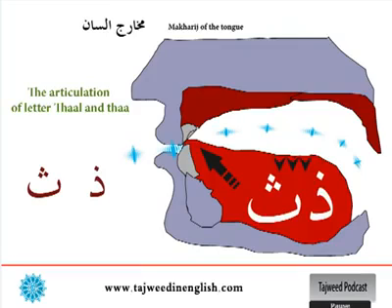When we look at the makhraj of the Dhal and the Tha, it is the same: the tip of the tongue using the top incisors. But the difference is that the tongue does not go to the roof of the mouth to form that full mouth heaviness, called isti'la or tafkhim.